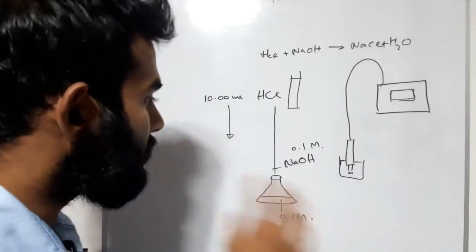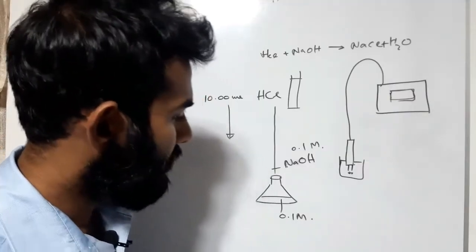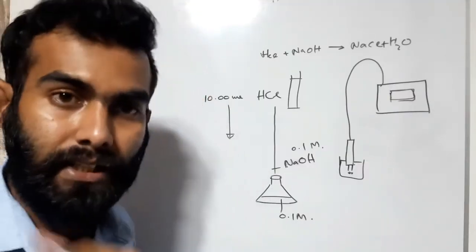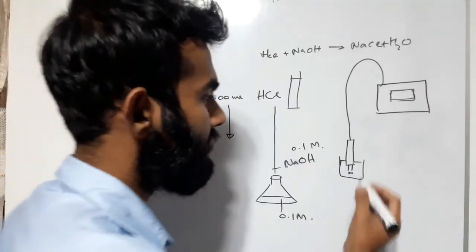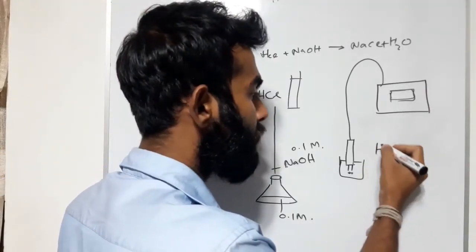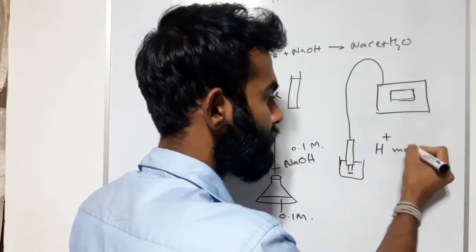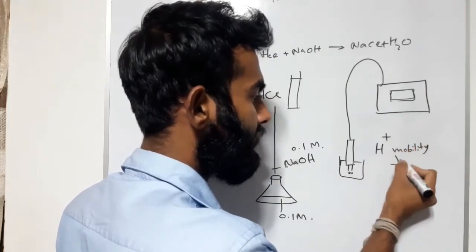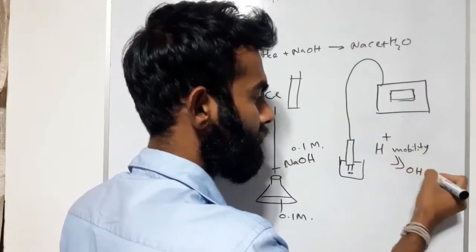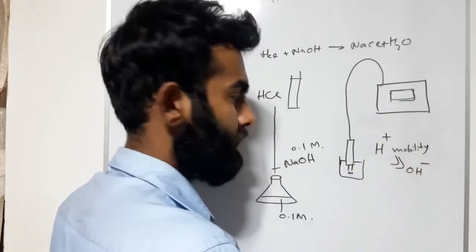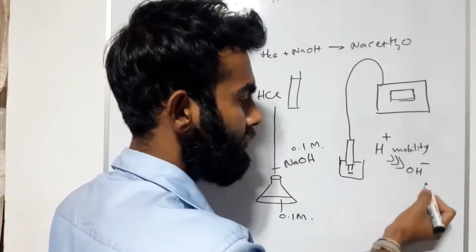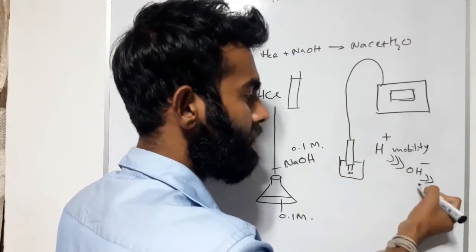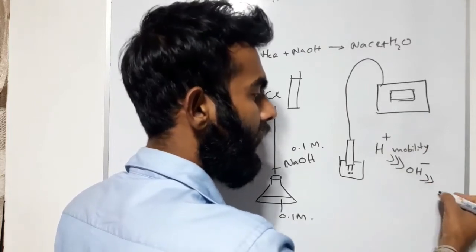However, according to conductometry, we have to know these things initially. We have to know the conductance or mobility of H+ ions. The mobility of H+ ions is very much higher than that of OH-. However, OH- mobility is higher than other ions.